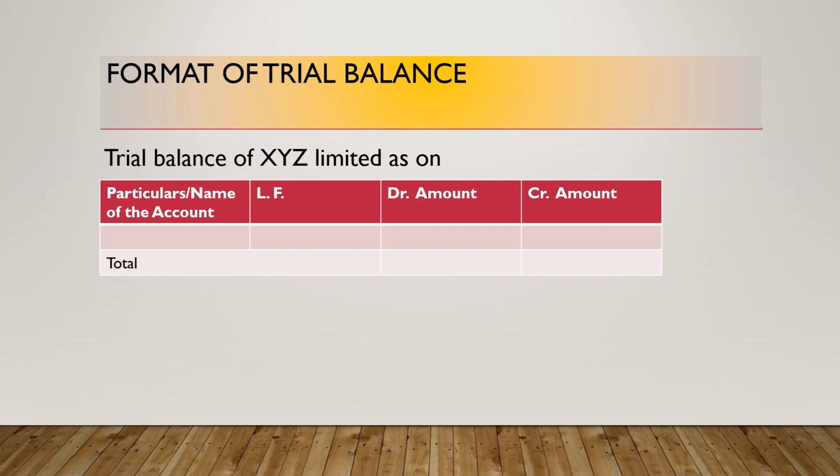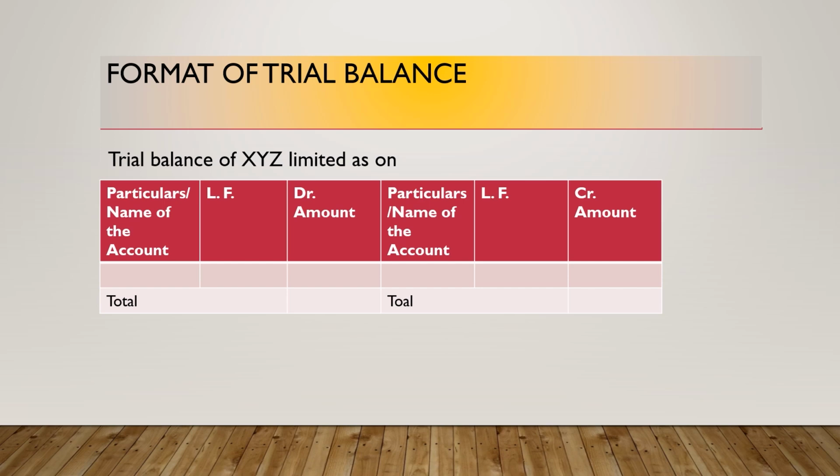The other format that is widely used is this format. Again, date becomes very important. You need to write down the date first. Trial balance of XYZ Limited as on a particular date. Date has to be specified. Now here we have only one balance, either a debit balance or a credit balance. For every account we have any one balance.